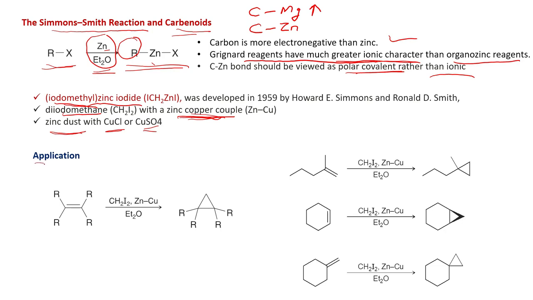What is the application of Simmons-Smith reagent? It is used for cyclopropanation. It will make a cyclic compound across this double bond. You will see a cyclopropane structure here. So wherever there is a double bond, this Simmons-Smith reagent will create a cyclopropyl group there.